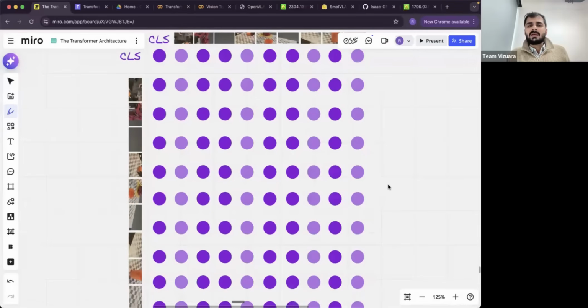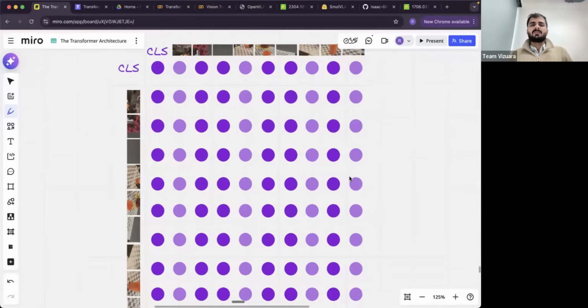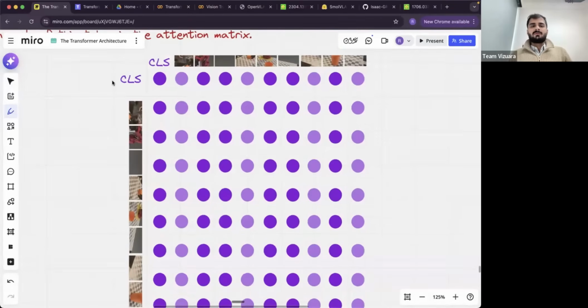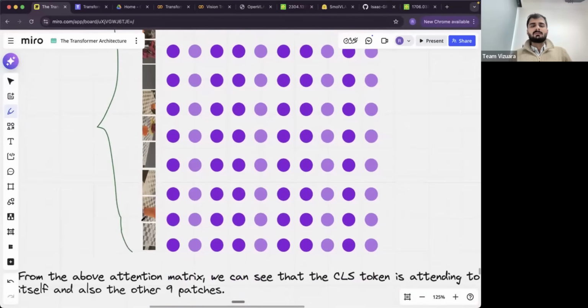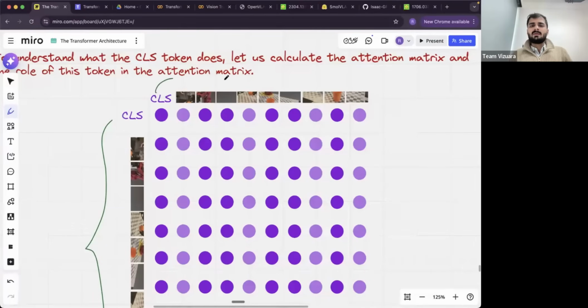The attention matrix looks like this. Instead of 9 tokens, we have 10 tokens over here with the CLS included, and similarly we have 10 tokens over here. So we have a total of 100 values in the attention matrix.